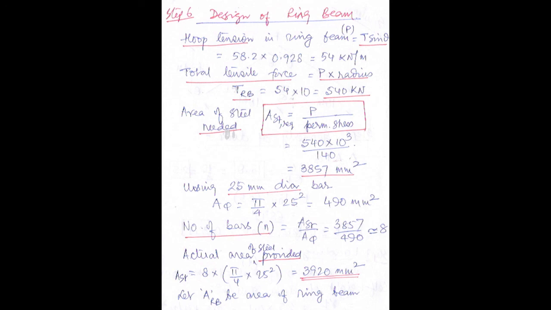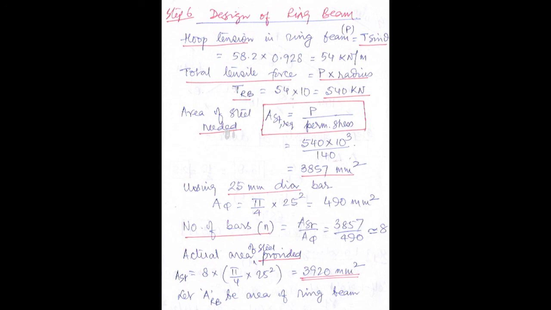So the number of bars needed is the total area divided by the individual area. So 3857 divided by 490 gives us 8. Actually, if you divide 3857 by 490, it does not come as the whole number 8, but we are approximating it as 8.